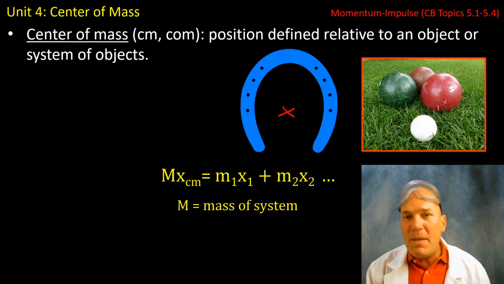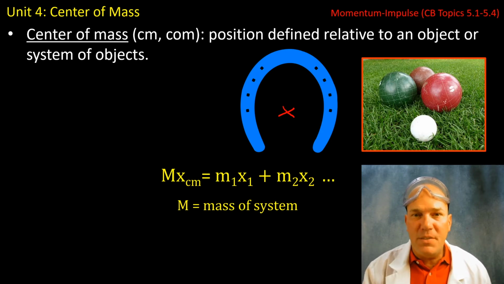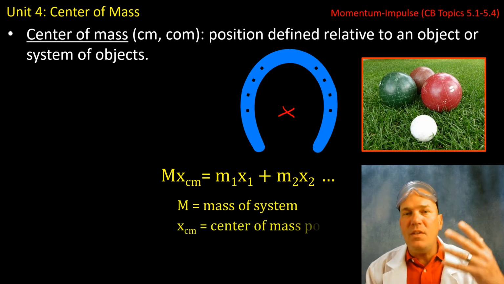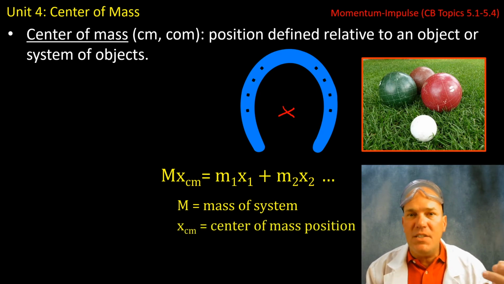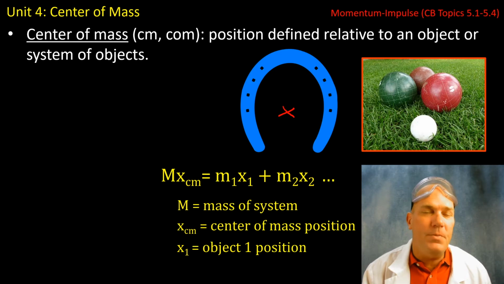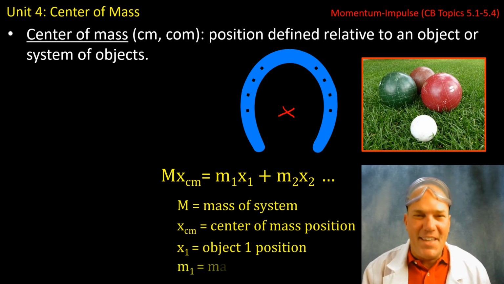Now, I will expound on what is meant by relative positions when we work through an example in a moment. So again, in this definition, the capital M is the mass of the system, and I'm denoting the position of the center of mass with a subscript of CM.